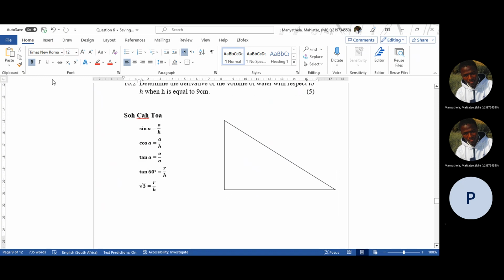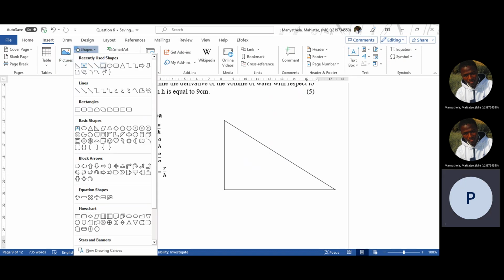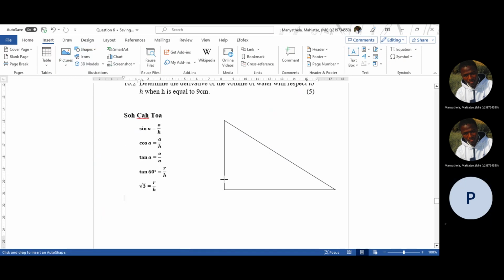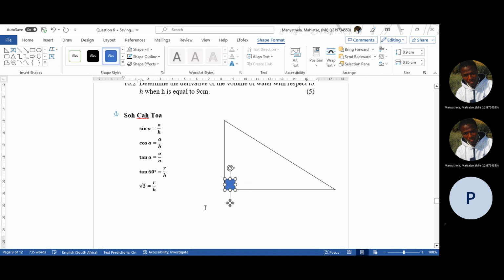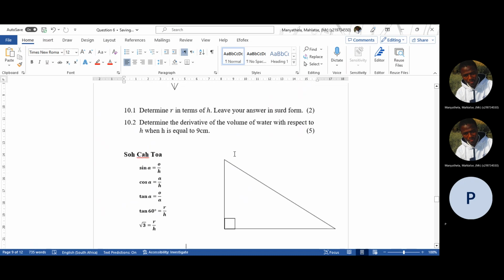It's a right angle triangle. So this angle will be 60. This angle will be 30.